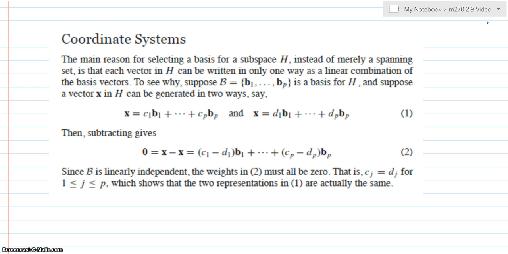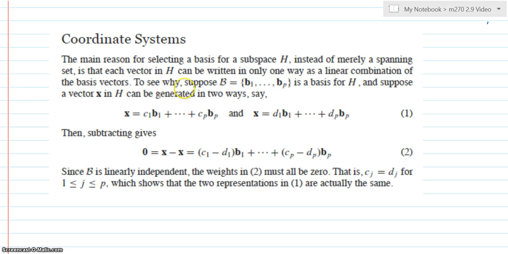It talks about, right here, the main reason for selecting a basis for our subspace H, instead of merely a spanning set, is that each vector in H can be written in only one way as a linear combination of the basis vectors.